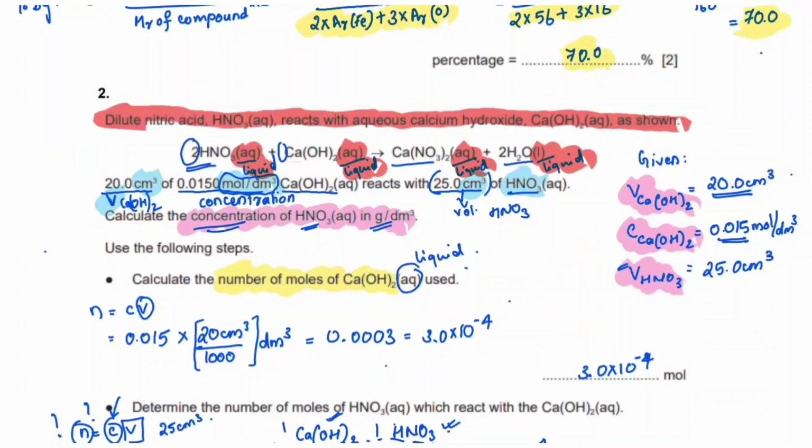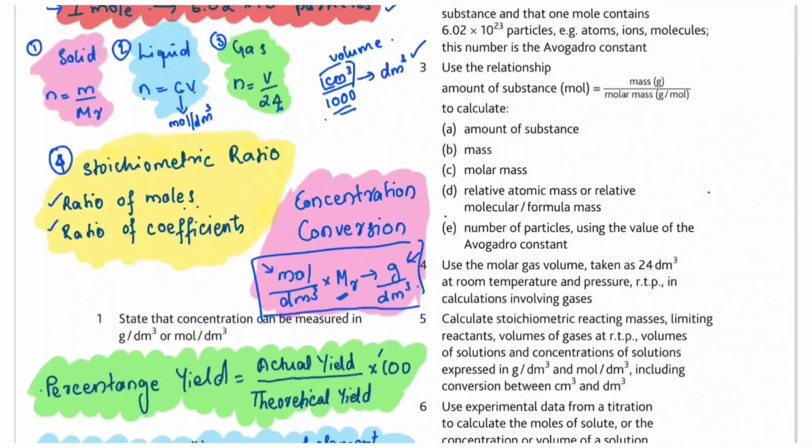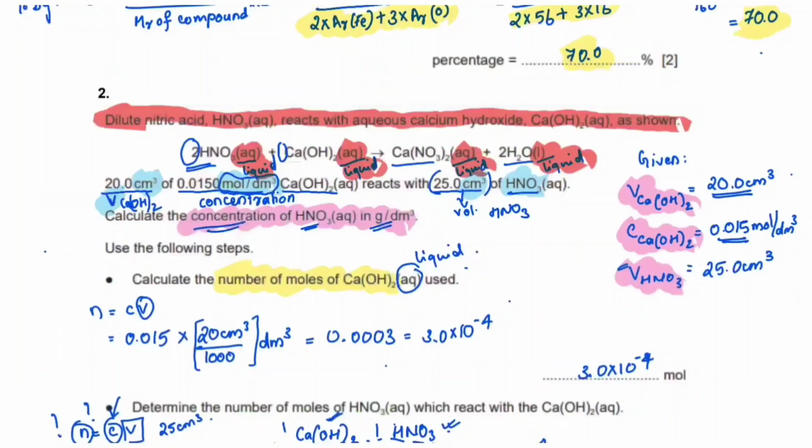Since this is a liquid, we know that the formula to calculate number of moles of a liquid is n is equal to C into V, where C is the concentration given in mole per decimeter cube, and V is the volume, which should be in decimeter cube. C is already given in the question, it is 0.015. So we substitute that, and the volume of calcium hydroxide is 20 centimeter cube.